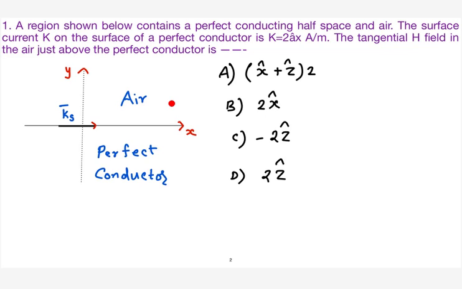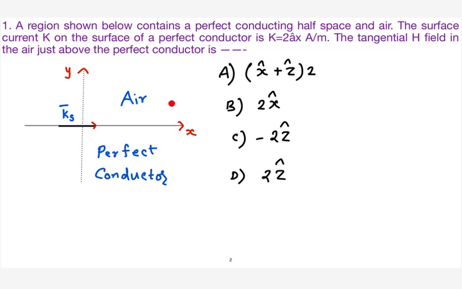Can anybody tell me what answer you got? B, 2x cap. Still others? Let others also solve.